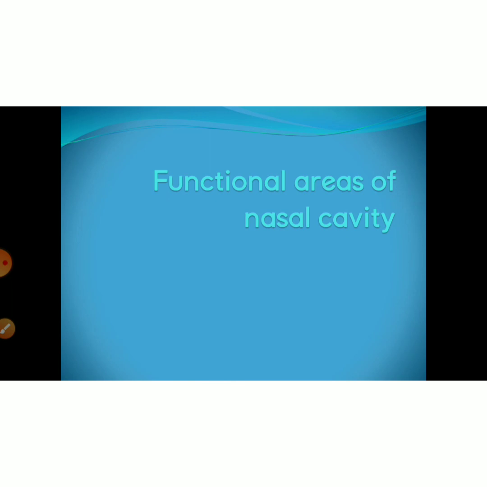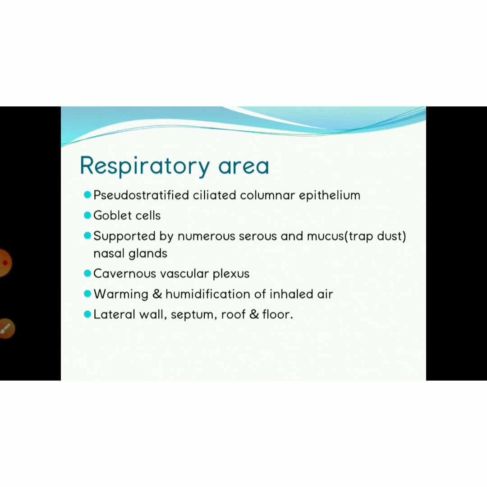Now we will just talk about the functional areas of the nasal cavity, and then we will go to the detailed anatomy of the nasal cavity. The functional area of the nasal cavity can be divided into a respiratory area and an olfactory area.